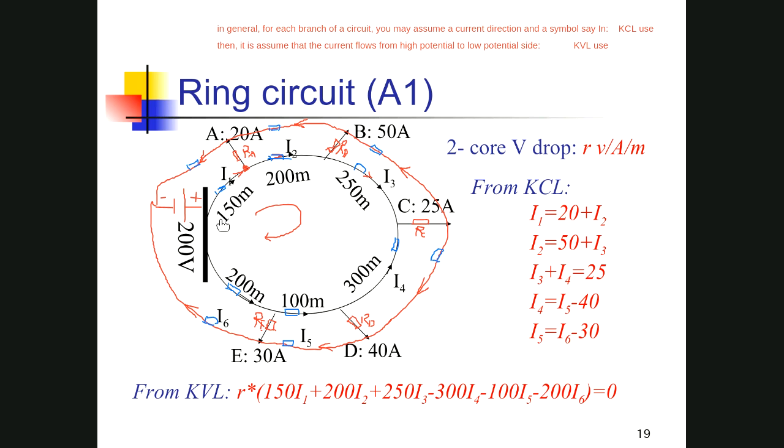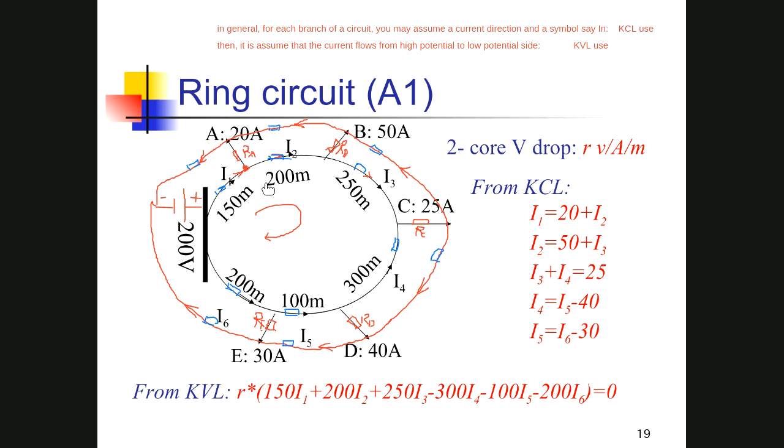So we're looking at this loop, starting from part A. Suppose the resistance per meter is R. Then the voltage drop on this part of cable is 150 meters long times I1 times the resistance per meter.